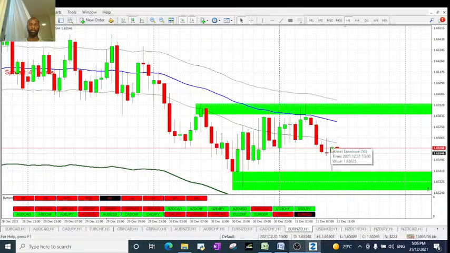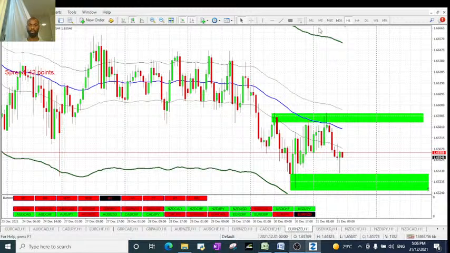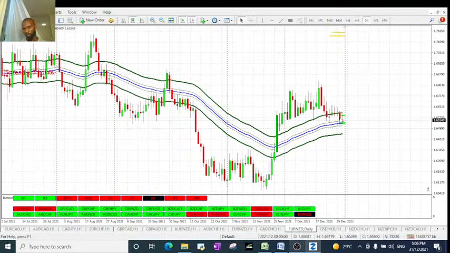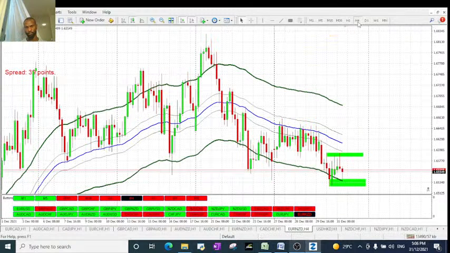Got that rejection. But I'm not interested in this because of how the daily candle closed. You have a strong bearish candle. You have a bunch of selling pressure. So guys, when you look at candles, you are looking at the wicks.